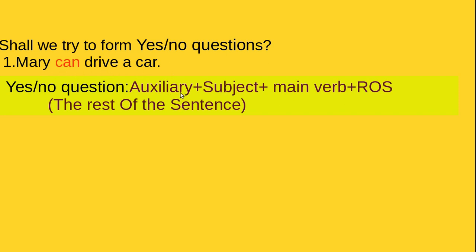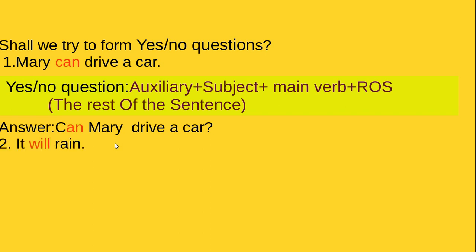The auxiliary should be first, then only it will be a yes or no question. Take can and put it here. Then can, Mary the subject, drive the main verb, and a car the rest of the sentence. Very simple. Simply take the auxiliary and put it here. Then it will be in the form of this formula. Shall we see the answer? Can Mary drive a car?